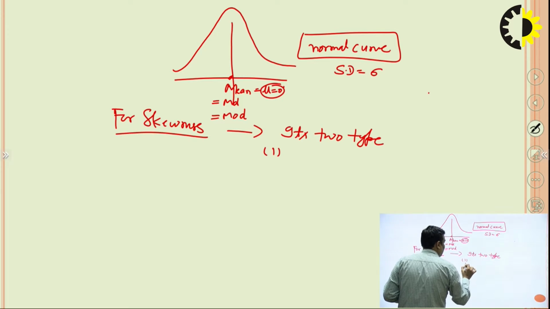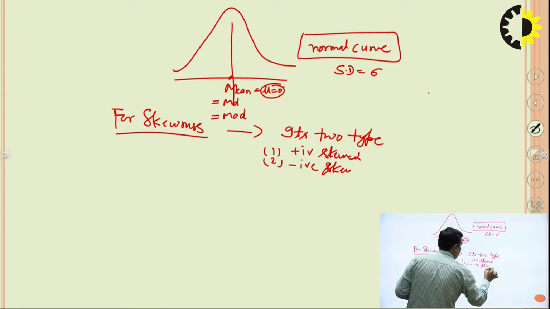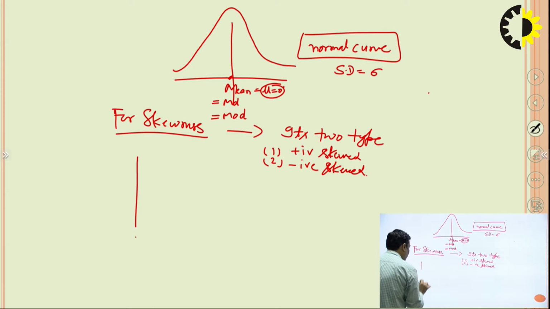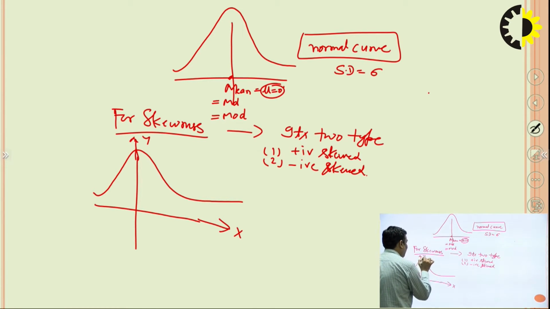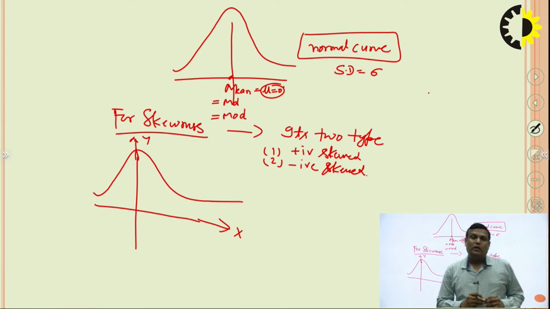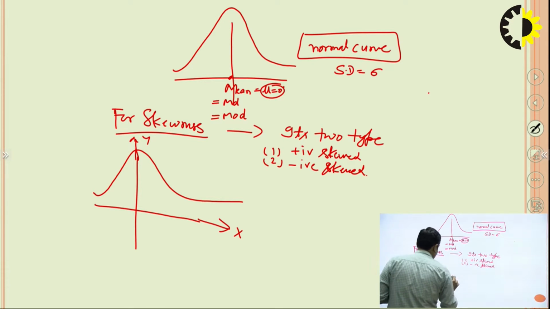First one is positive skewed, second one is negative skewed. On the X, Y axes, in positive skewed, the longer tail towards the X axis is more than towards Y. That means it's a positive skewed curve.